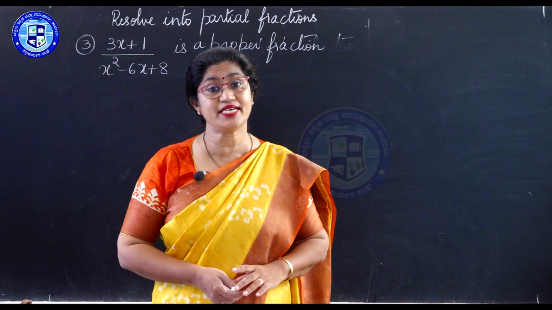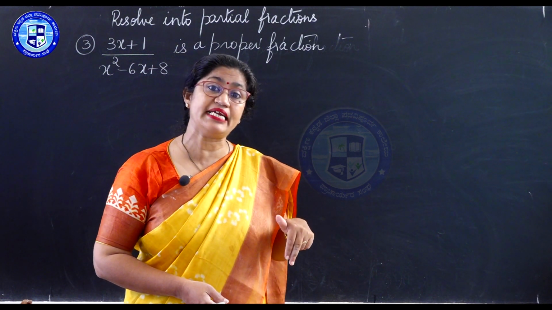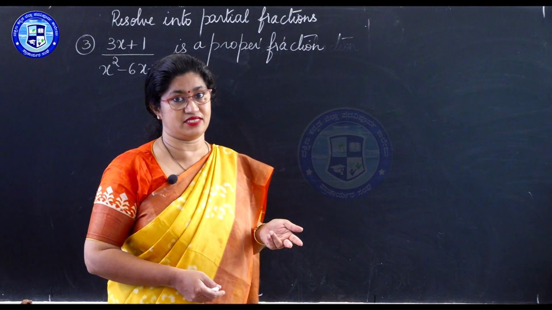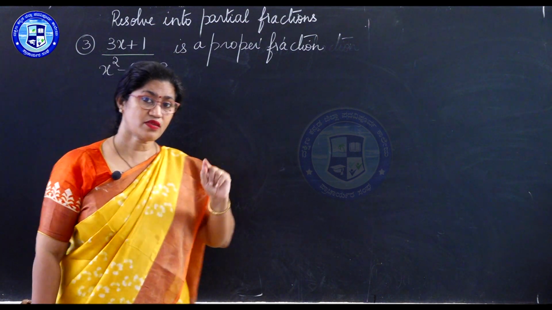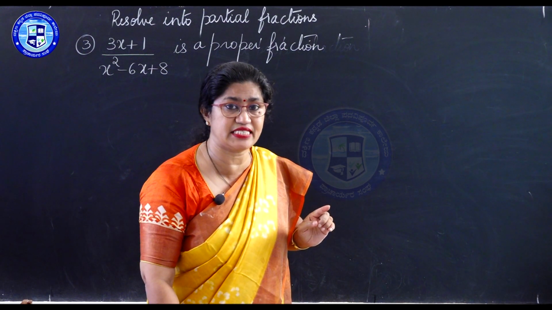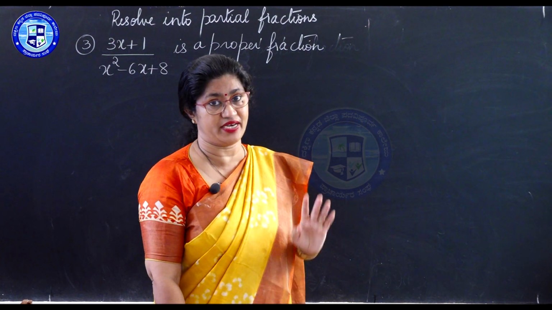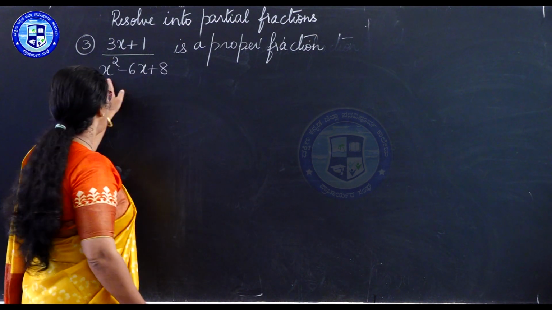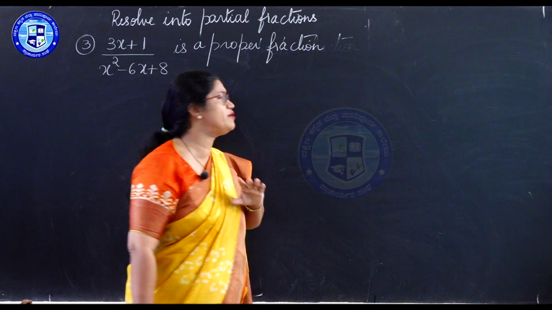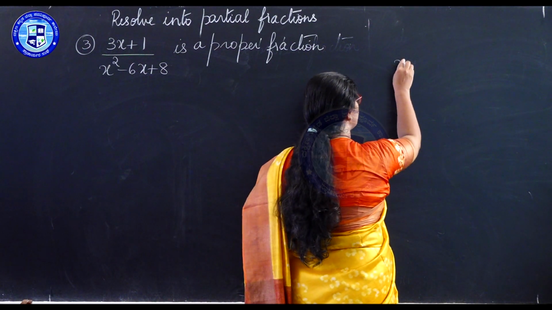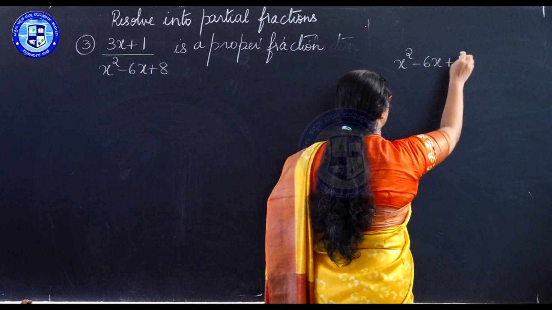Now, type 1 said denominator should be product of non-repeated linear factors, but this is quadratic. So now, can I factorize this and write it as product of linear factors? How to factorize this? I am sure you can do it directly, but then let me write it here for you. X square minus 6x plus 8.